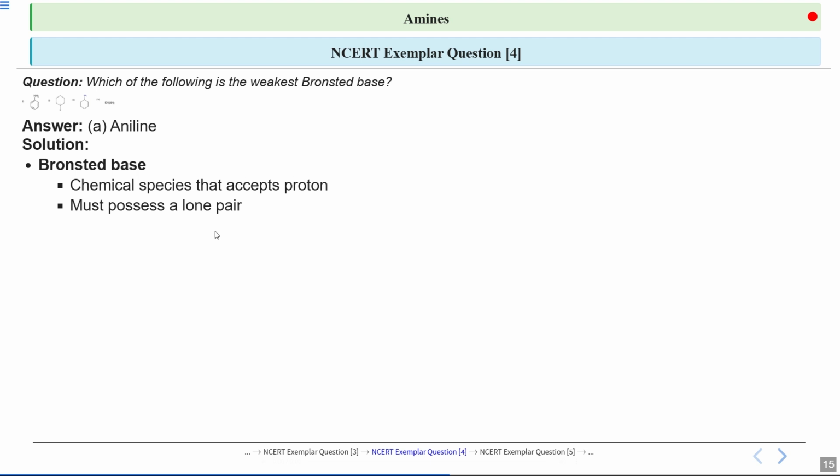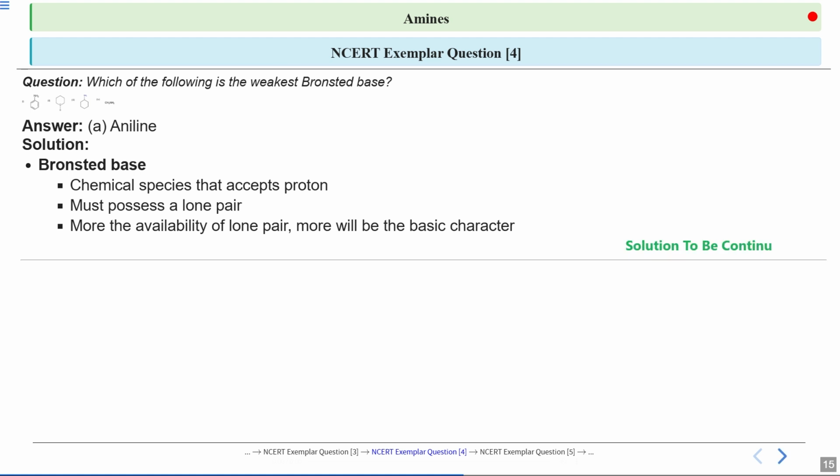Okay, so it must possess a lone pair. Next, if you see, more lone pair increases the electron density, enhancing ability to donate electrons, thus strengthening the basic character. Okay, so you will see more the availability of lone pair, more will be the basic character.